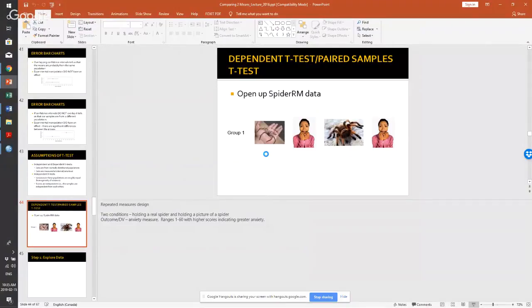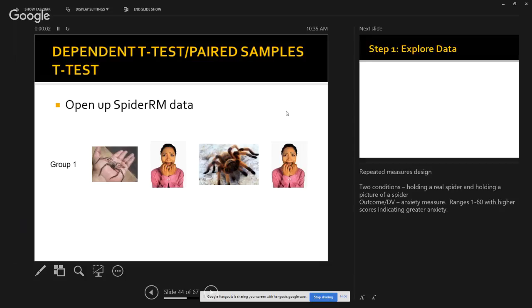But here we have data where we're measuring anxiety on some type of score ranging from 1 to 60, higher scores indicating greater anxiety. And we're trying to see, with two conditions, someone holding a real spider in their hand or seeing a picture of a spider, which one is going to cause more anxiety.